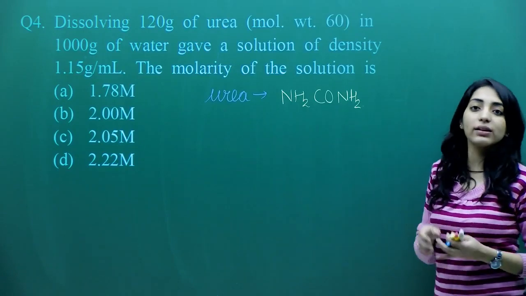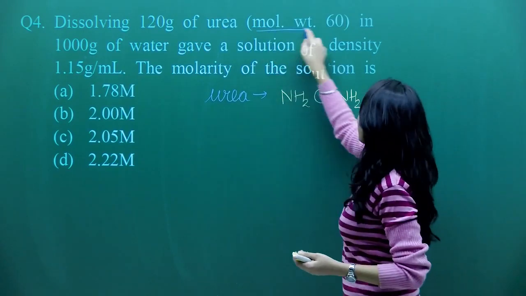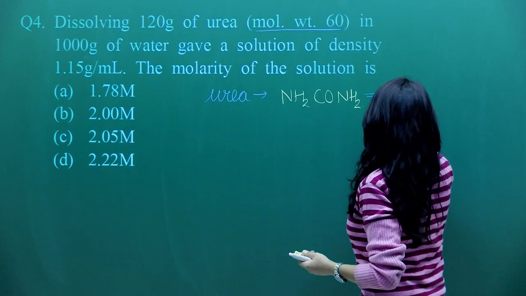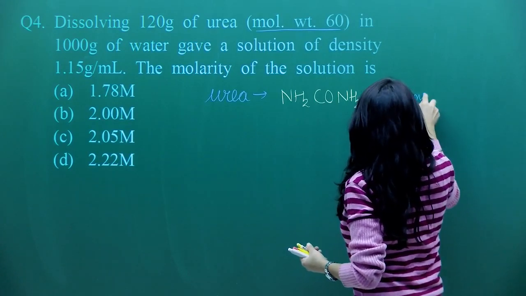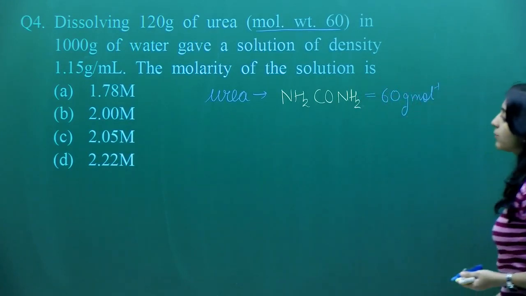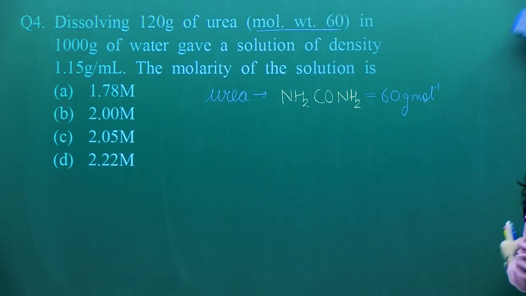You should be knowing the formula. The molecular weight of urea is given to be 60 grams per mole.